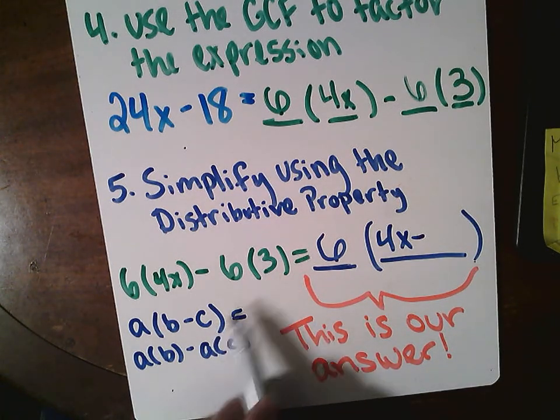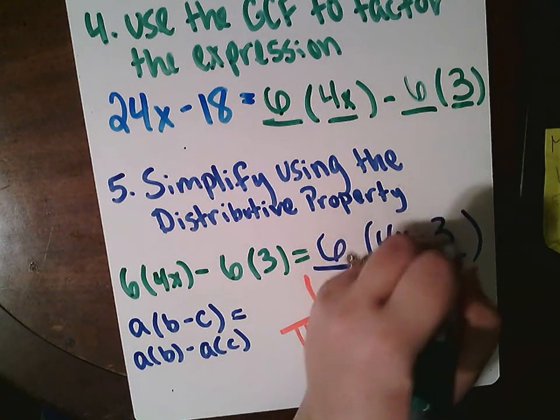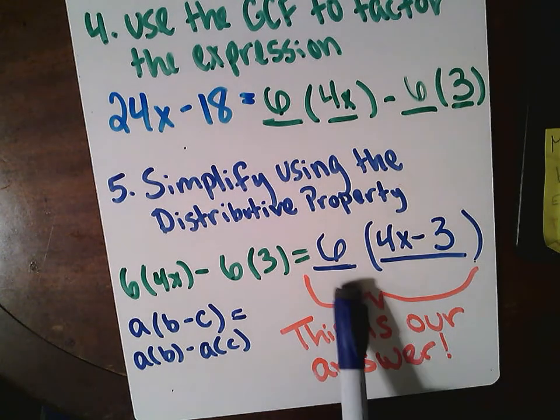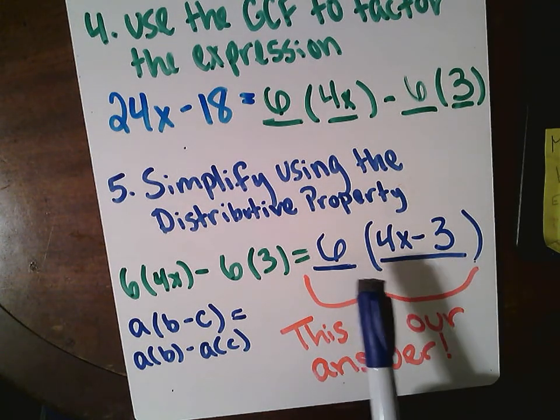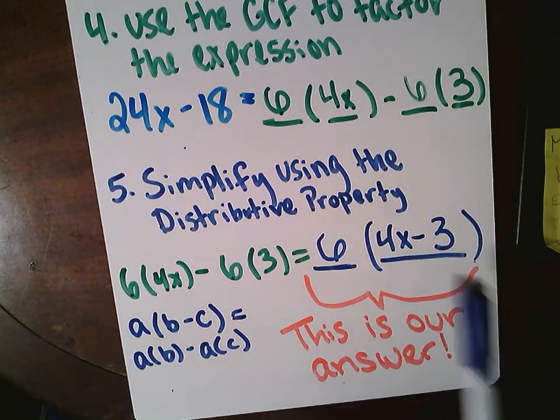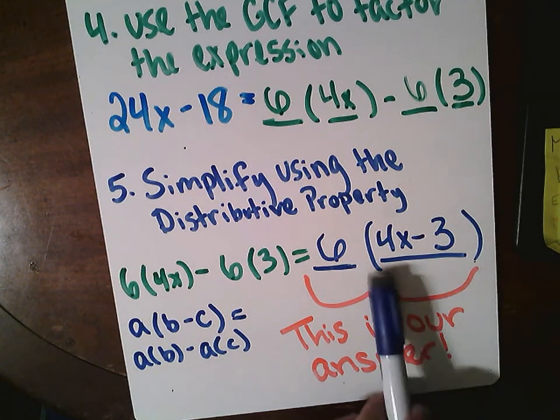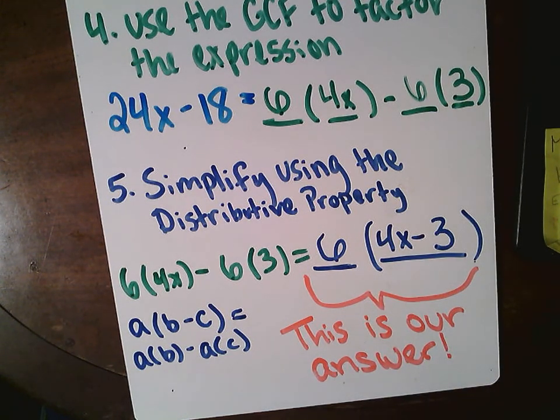And then my C is 3. And so now this is our answer. 6 times 4x minus 3. And we're done. This is what you would give me as your answer.